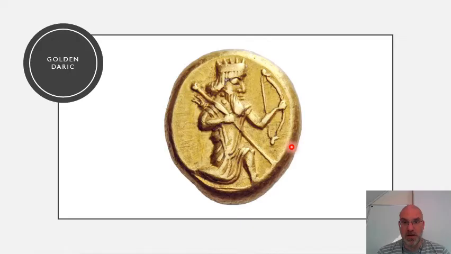Looking at Darius, and that's a coin of Darius, he's not carrying a sword. They've chosen to depict themselves as having a bow, and you can see the little arrows there. If you look on his head, you can see the crown. So again, that real reinforcement of wealth and status and hierarchy. Furthermore, you can see his soft flowing robes. So again, that crucial element of the Greek depiction of Persians with their robes.